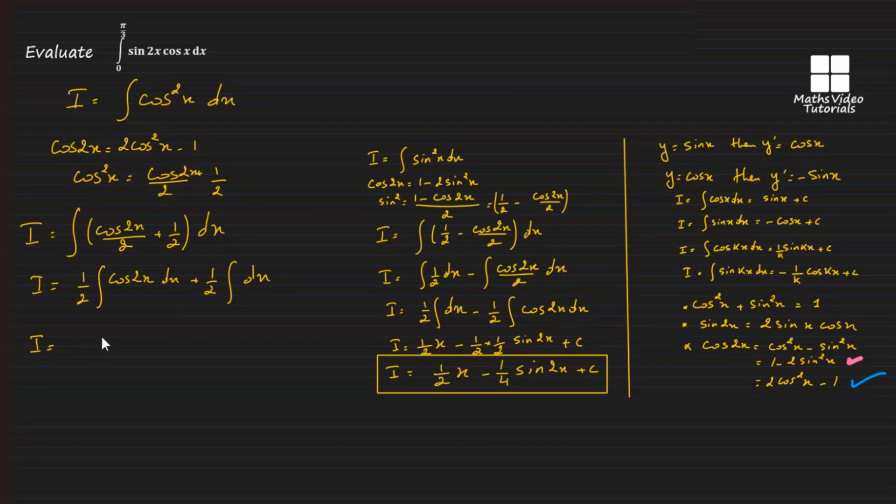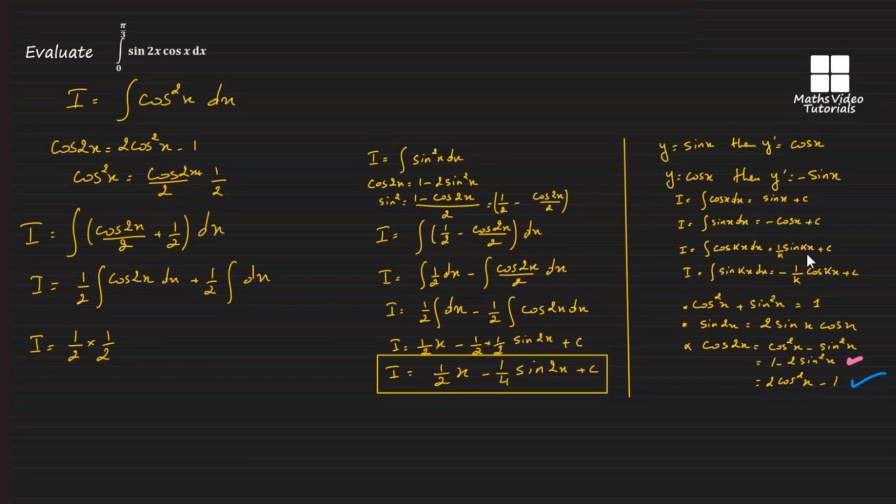So I is equal to, now cos 2x, if I go back to this one here, we're integrating cos kx. Now our k is 2, but the answer should be the same. So it should be 1 over k. So it's going to be 1 over 2 times 1 over k, the k is 2, and of course it's going to be sine 2x.